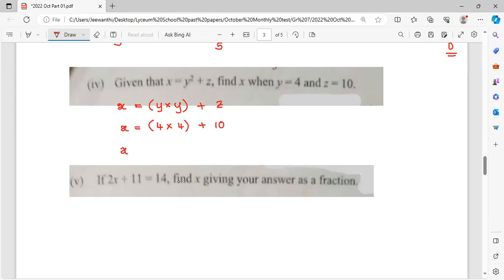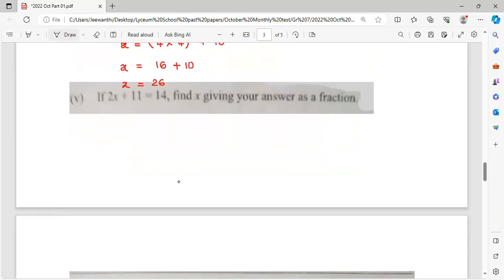That x is equal to 4 times 4, 16, plus 10, equal to 26. Right? So y squared means 16, 16 plus 10, 26.